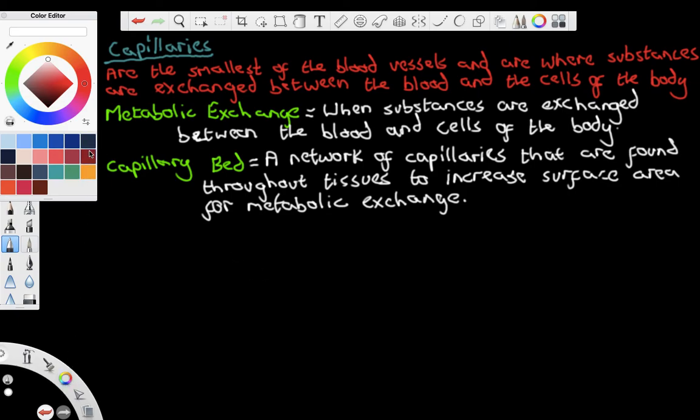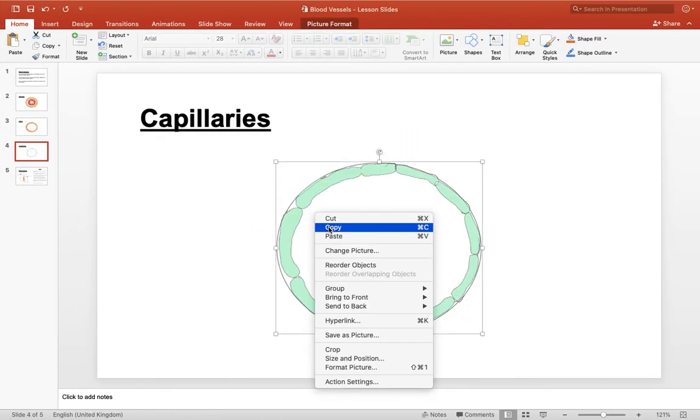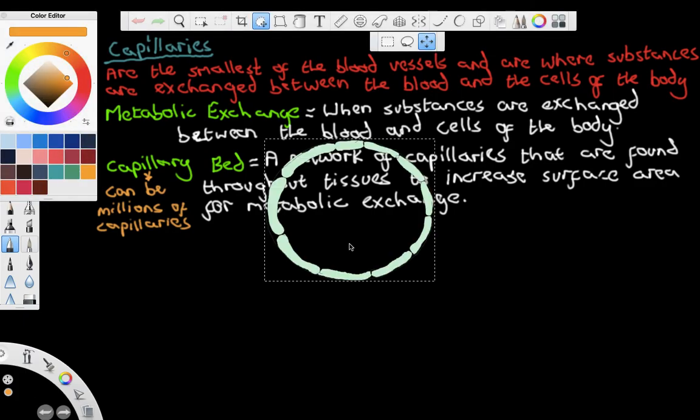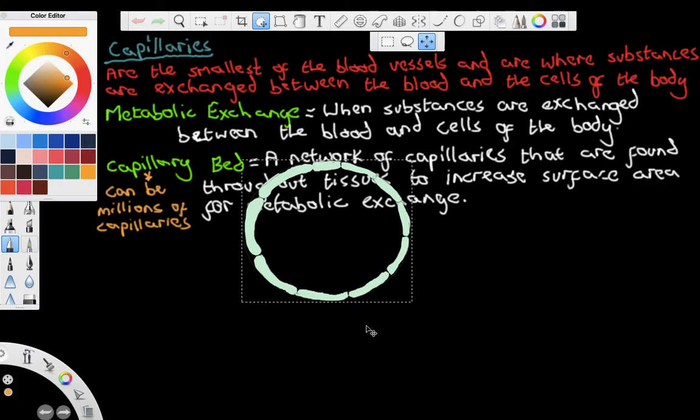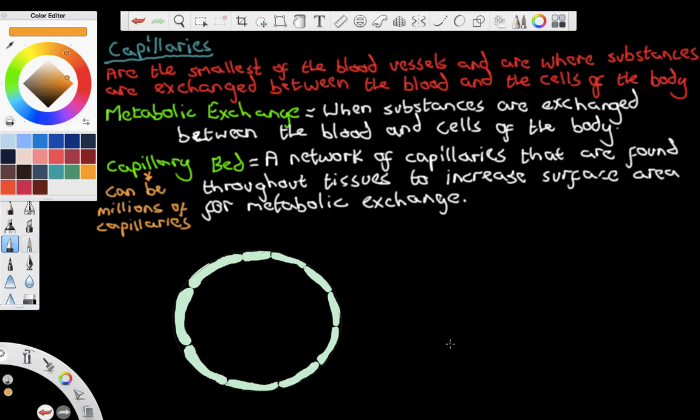So I am going to put underneath there that this can be millions of capillaries. Now, if we think of a single capillary, it would look like this. That is what a capillary would look like, much simpler than the other ones we've drawn.